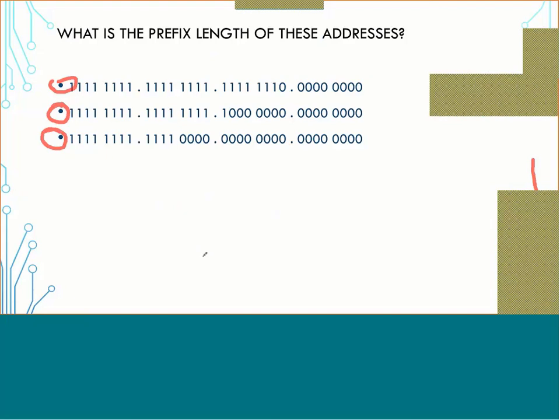Okay, now, do any of these divide on the octet boundary? Nope, none of them do, right? Because we can see this one divides right here, this one divides right here, this one divides right here. So, when they divide on the octet boundary, what do we call that?